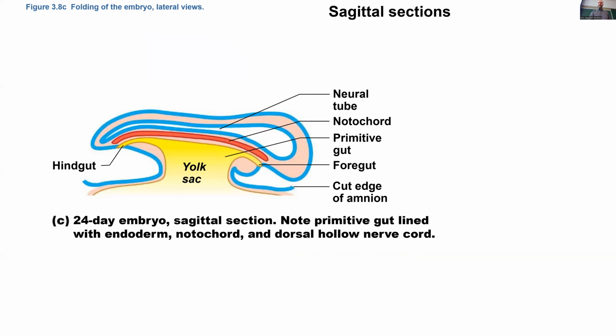And if we look at this, I'm going to show you this diagram. So those structures kind of fold over each other. And if we cut this along this sagittal plane, so cutting it from head to tail, you can see how those different structures start to form what will become a human body.